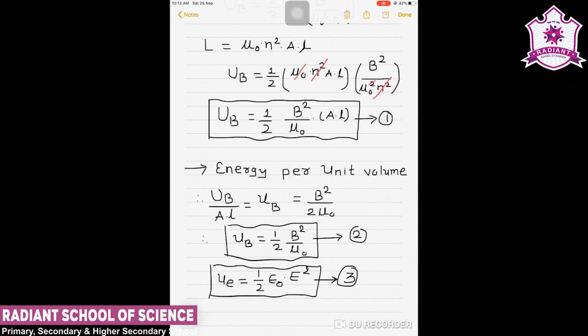Now in both cases, energy is proportional to the square of the field strength, and they have been derived for special cases, first a solenoid and a parallel plate capacitor, but they are general and valid for any region of space in which a magnetic field or electric field exists. So these are the comparison of self-inductance and the energy stored in it.